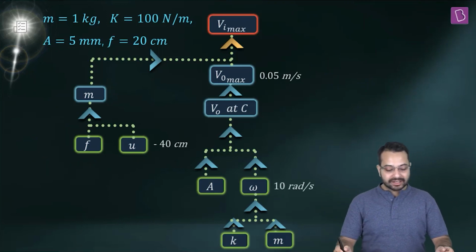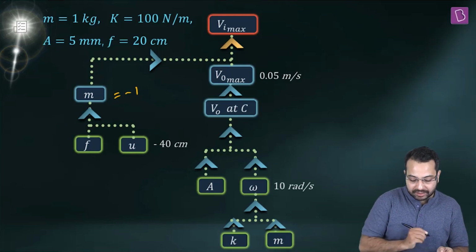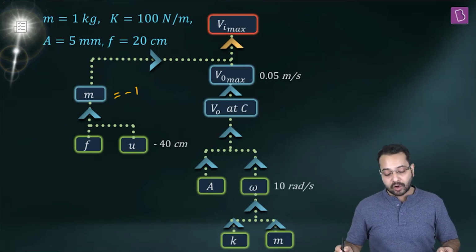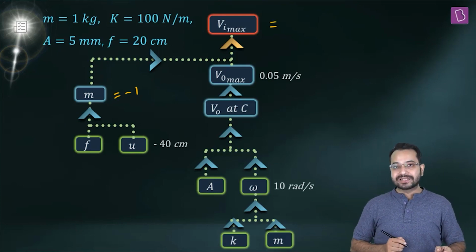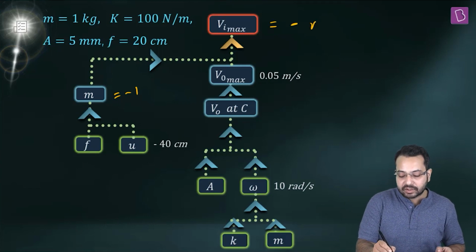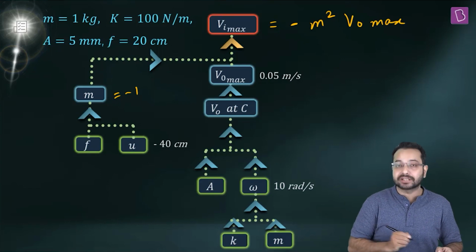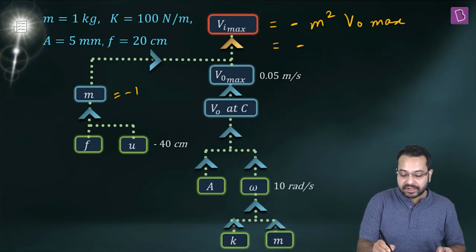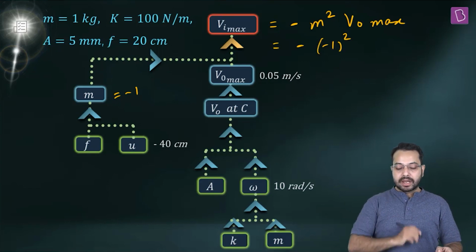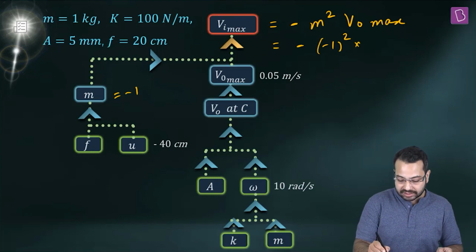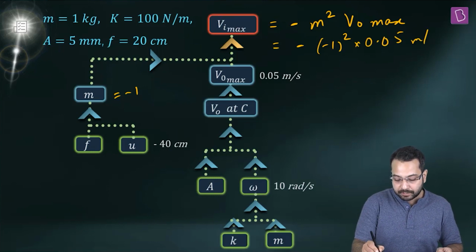All right. So at this stage, what do we know? We know the magnification is minus 1. We know the velocity of the object. Now all we need to figure out is this. This becomes minus of magnification square multiplied by VO max. Correct? So this is going to be minus 1 square, and the velocity of object max is 0.05 meter per second.